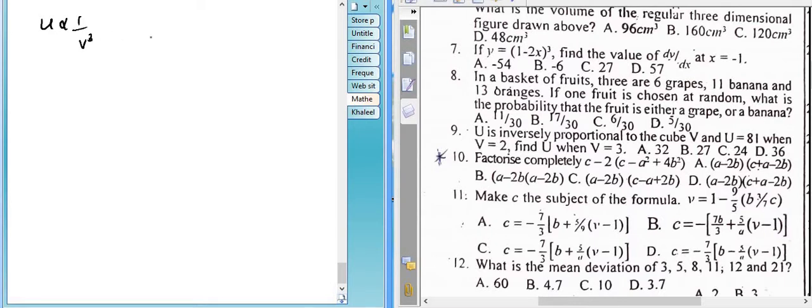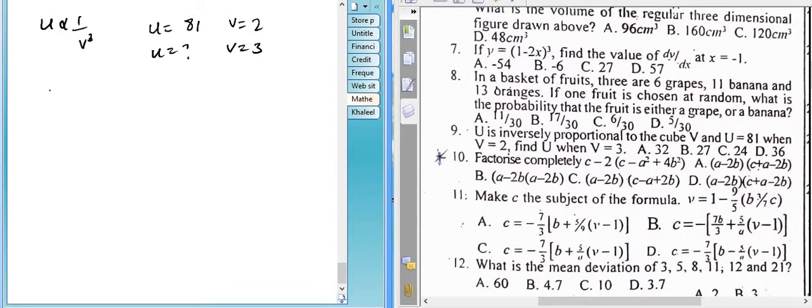It is given that U is equal to 81 when B is equal to 2, and also find U when B is equal to 3. So that's all the question is trying to say.